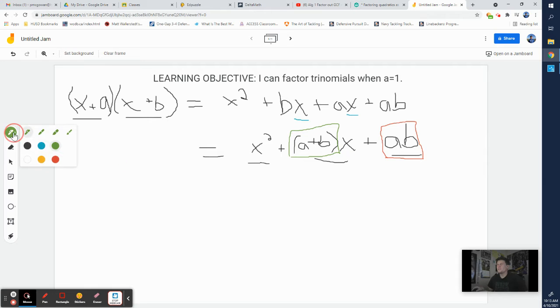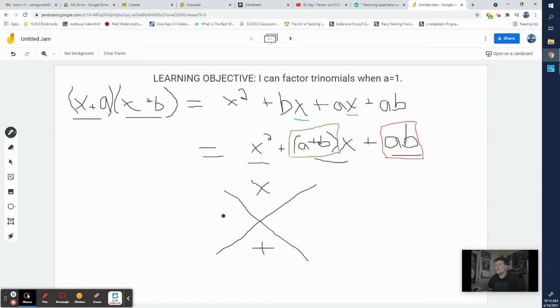So what we're trying to do is find values that multiply to make the constant term, but then add together to make the middle term.